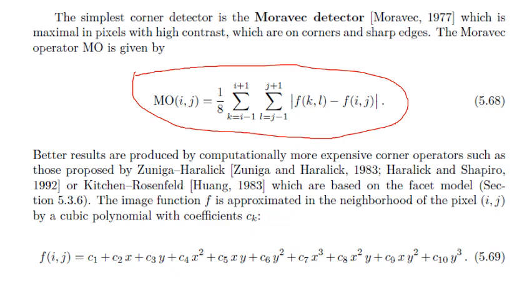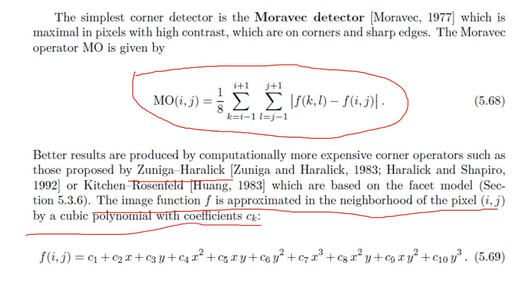Better results are produced by computationally more expensive corner operators. There are other corner operators proposed by Zuniga, Haralick, and others. The image function f is approximated in the neighborhood of the pixel i comma j by a cubic polynomial with coefficients c_k, given like this.